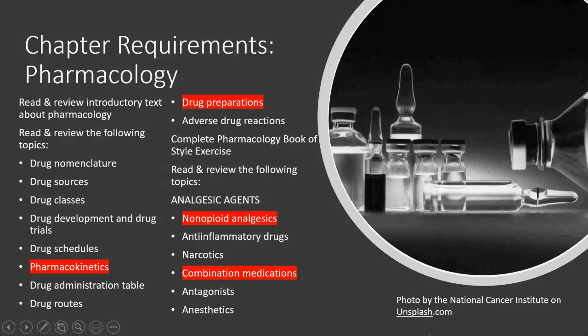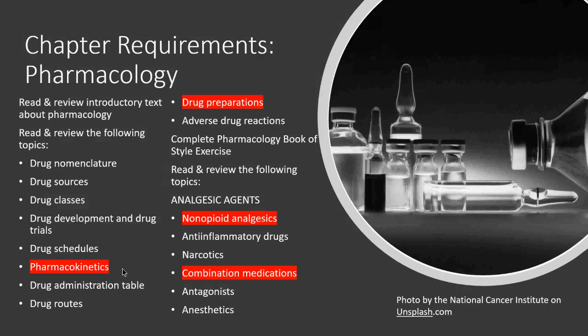So just taking an example from the pharmacology chapter, this is the chapter requirements, not all of them, obviously. There's no way I could fit this into a presentation slide and have you guys still be able to read it. So this is just a simple list, and I just went through and highlighted some things, looking at them and going, oh, pharmacokinetics, do I have an easy definition for that?